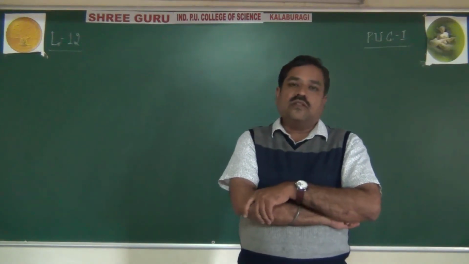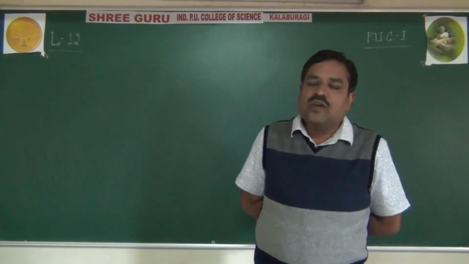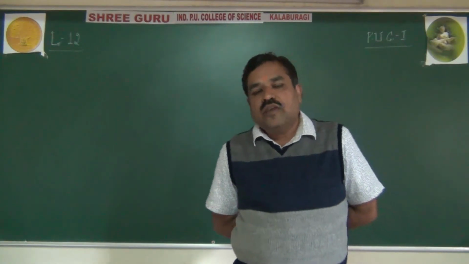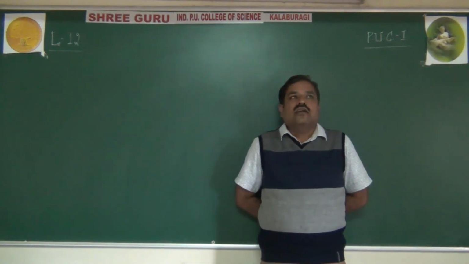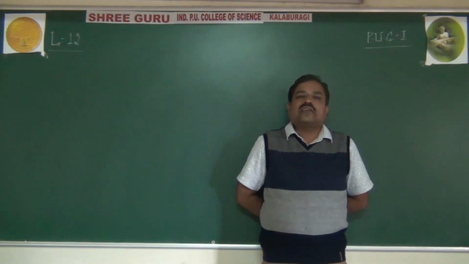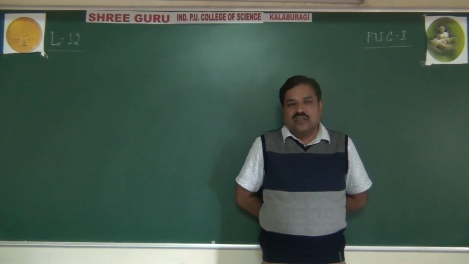That's why I told you the repulsive forces follow the order: lone pair-lone pair is greater than lone pair-bond pair, which is greater than bond pair-bond pair. These electron pairs, whether bonding or lone pair or non-bonding, are all negatively charged. That's why they repel each other.